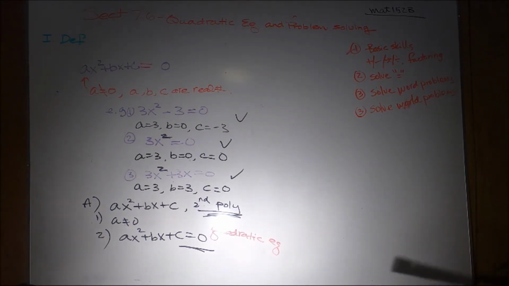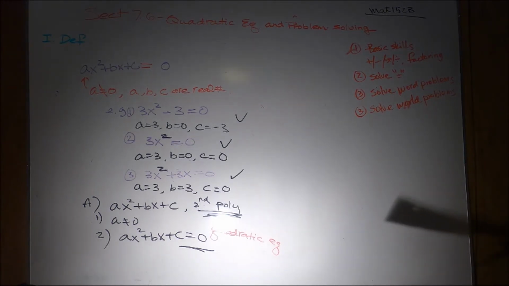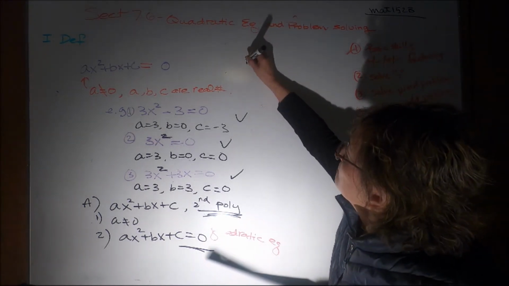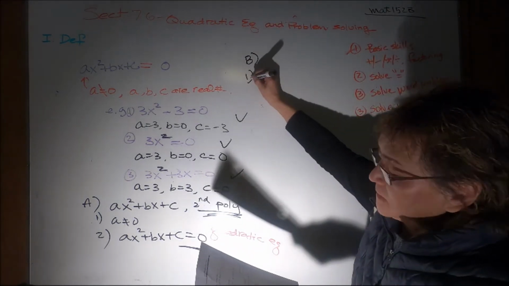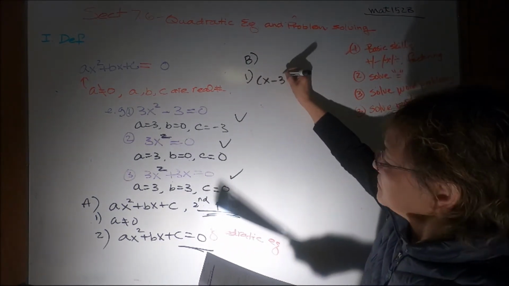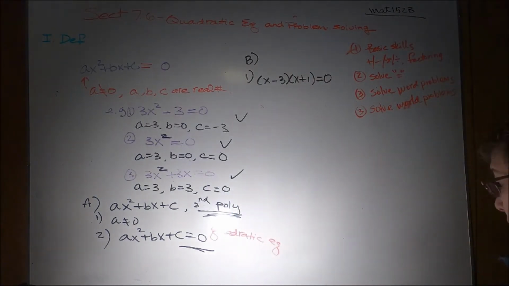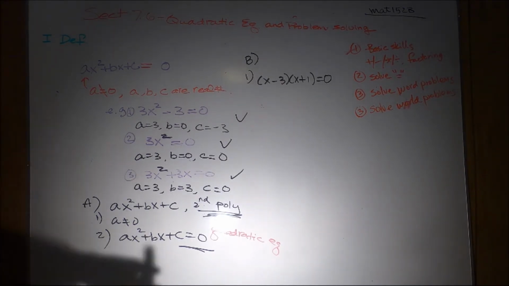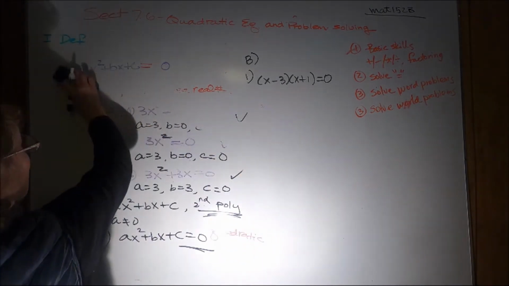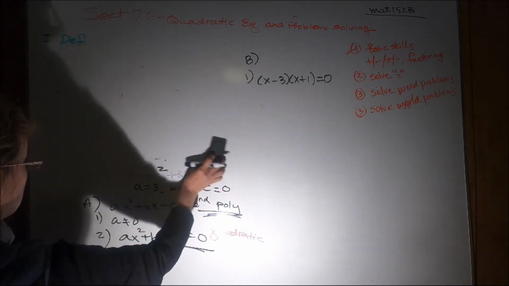Okay? So let's see some examples of how we actually do that. If you look at part B, if I have (x minus 3)(x plus 1) equals 0, do I have a quadratic equation? When you multiply out, FOIL out, you actually get a quadratic equation.